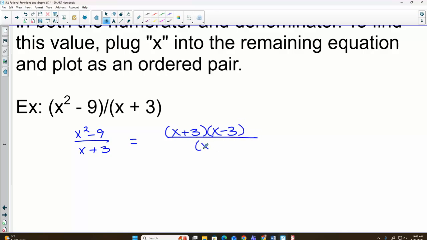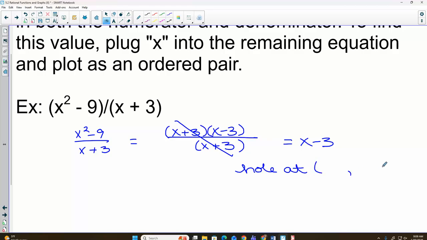And if I divide that by x plus 3, what happens? That gives us x minus 3. Now when we have these, we are going to go ahead and factor and reduce them first. But remember at the very beginning when we were talking about domains, I said the domain is based off the original graph. What happens right here is what's called a hole in the graph.